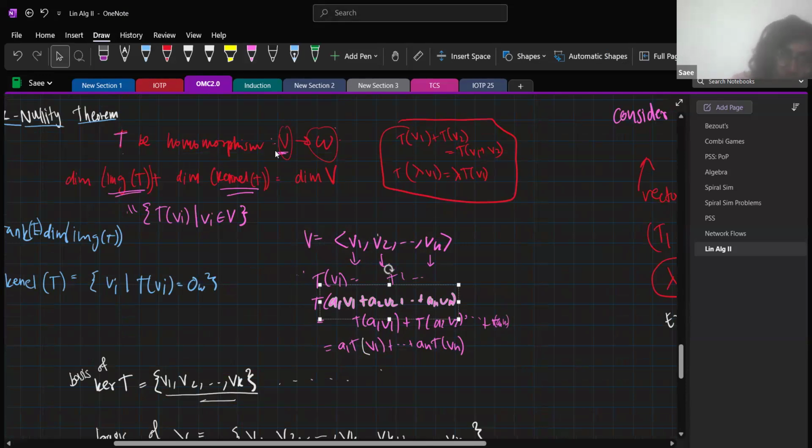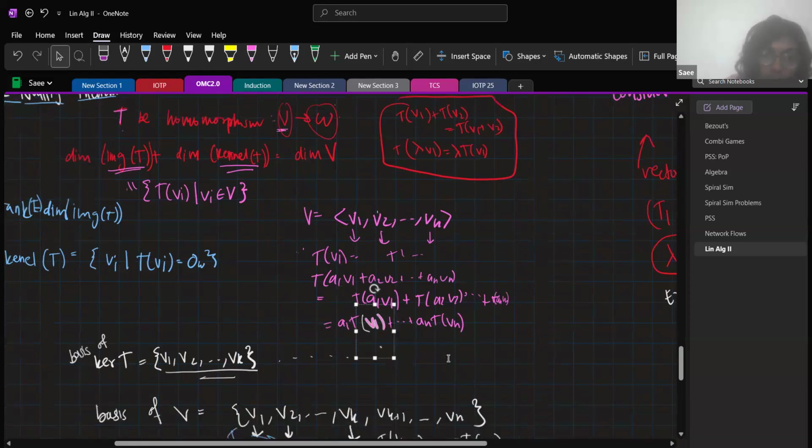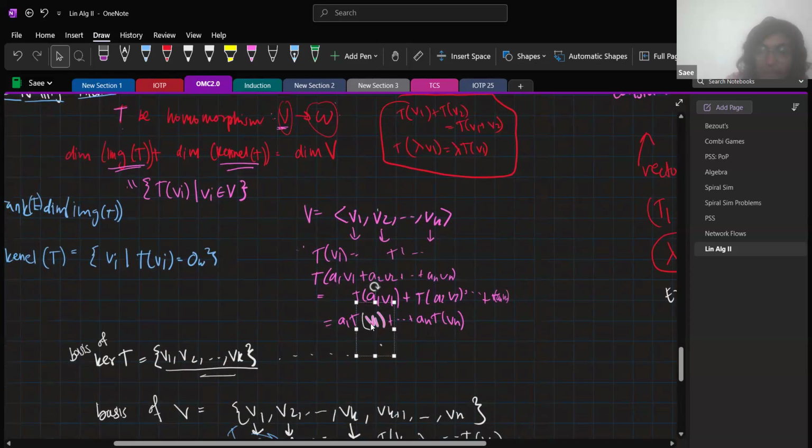So you fix some basis of V and you look at what these are mapping to. Whatever T of V1 is mapping to, whatever T of Vn is mapping to, you consider that. And based on that you can get any vector.